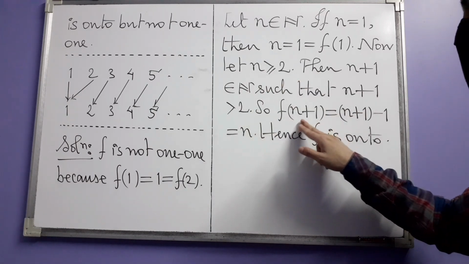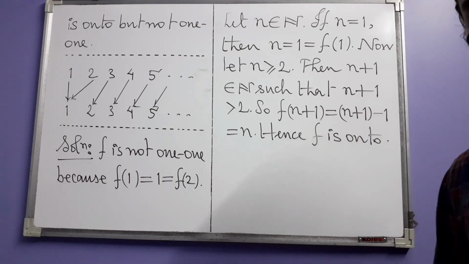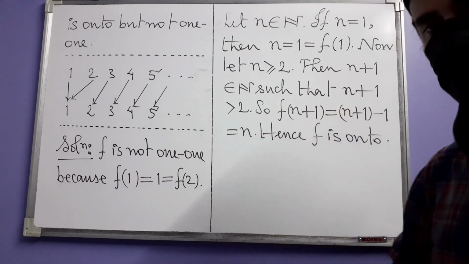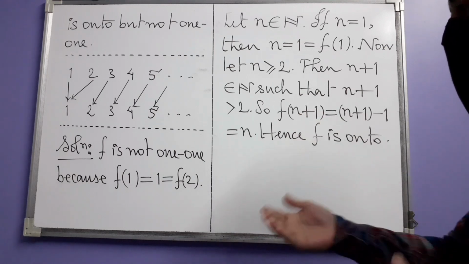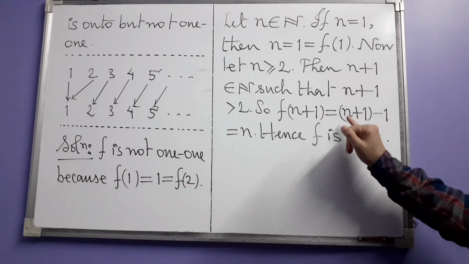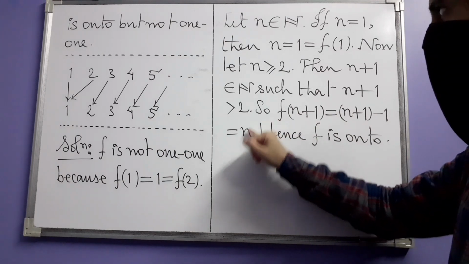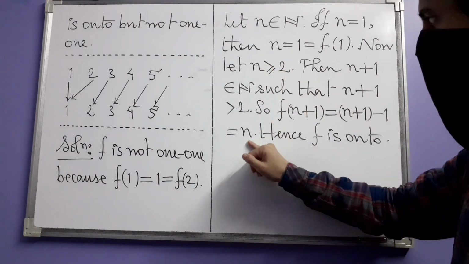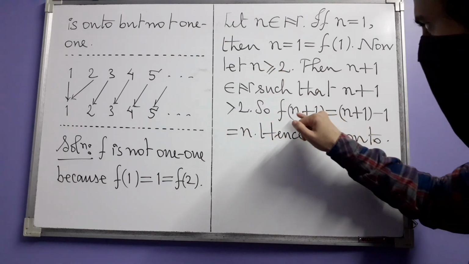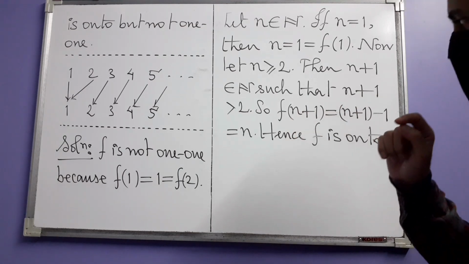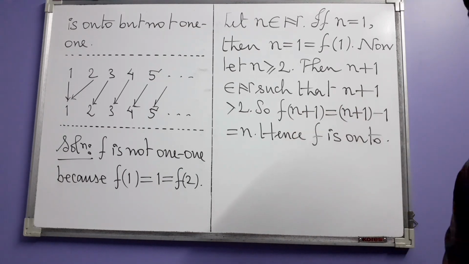So if we now calculate the f value of n plus 1, by the definition of our f, if the input is greater than 2, then the output is 1 less than the input, that is n plus 1 minus 1. So that's how we get n. So in this case also, n appears as the f image of something, and that something is n plus 1, and that is why f is onto.